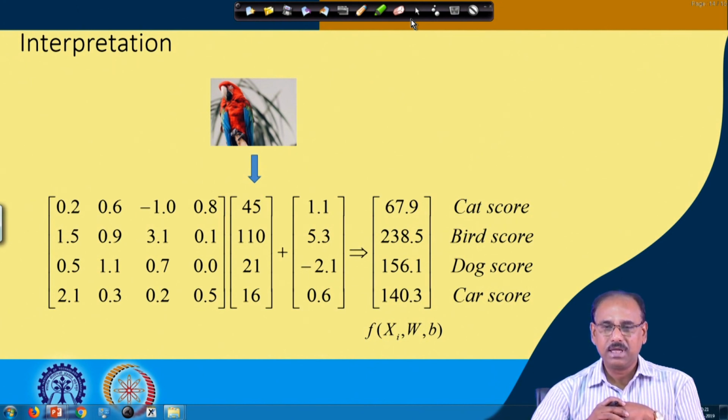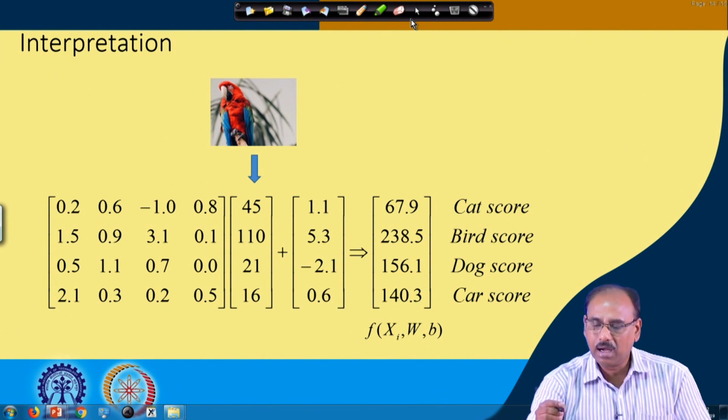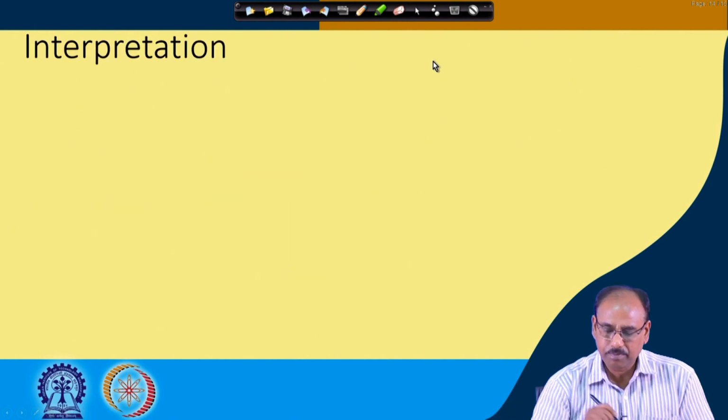Every row in the parameter matrix W is a template of the corresponding class, and you are trying to match your input vector with that template.